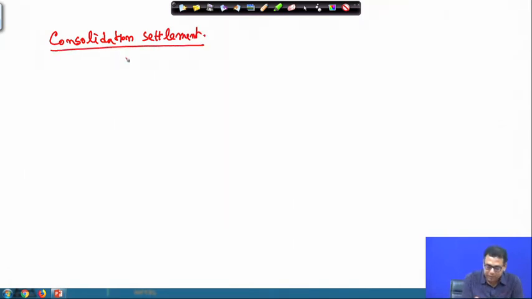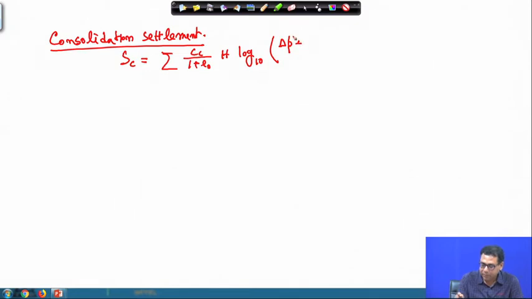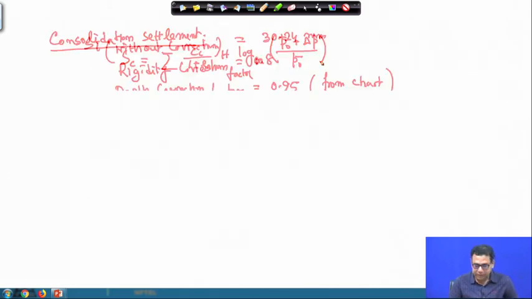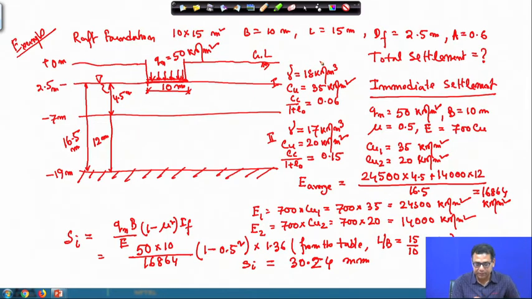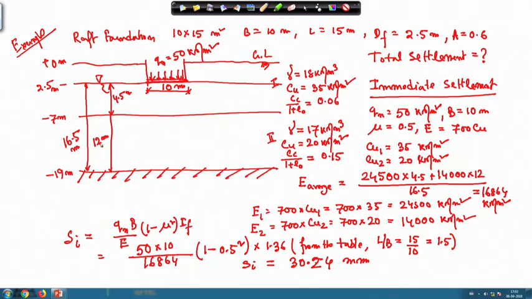Now, this expression: SC is summation of Cc by 1 plus e0, times H, times log 10 of P0 bar, that is sigma 0 bar, plus del P, divided by P0 bar. Where will I use this? If you look at this figure again, there are two layers, one is 4.5 meter, another is 12 meter.